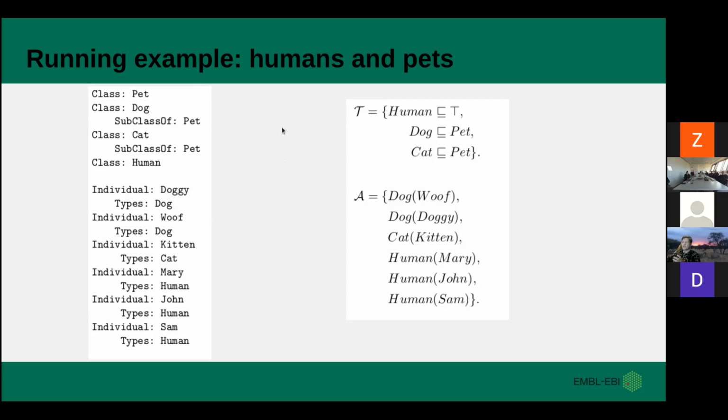Then we will also assume that we have a number of individuals: Wolf will be a dog, Doggy will be a dog, Kitten will be a cat, and Mary, John, and Sam will be humans. I've very explicitly chosen the names to be not very creative, mainly so that if we come across Wolf, we will know that it's a dog, and if we come across Mary, we will know it's a person. Just to make it simpler for us to remember what we're dealing with.